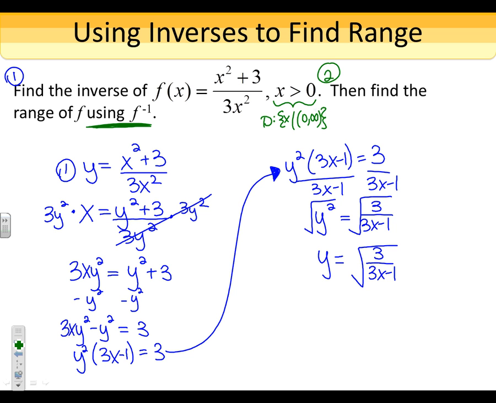So let's talk about the range of f. The range of f is equal to the domain of f inverse. So for the domain of this, we have the square root of 3x minus 1 in the denominator.